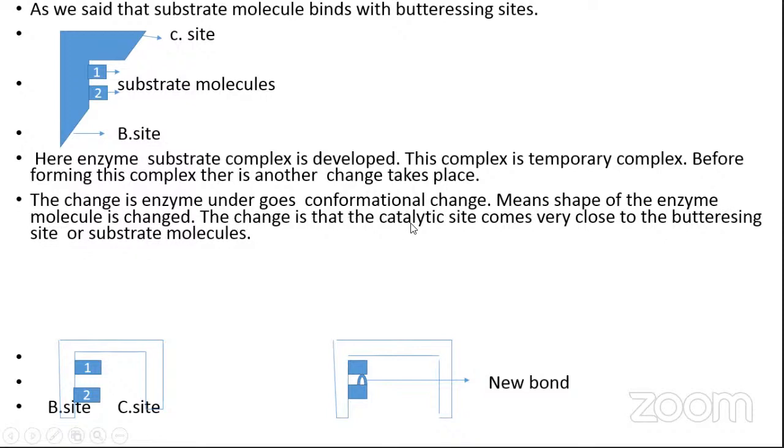The catalytic site comes closer to the buttressing site or substrate molecules. That means the catalytic site bends towards the substrate molecules. By the influence of this catalytic site, a new bond is established between the substrate molecules, and after that, a new complex is developed.